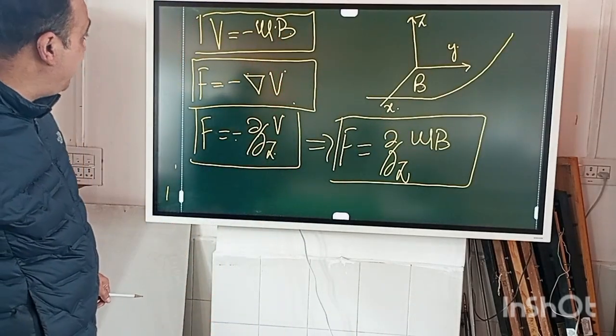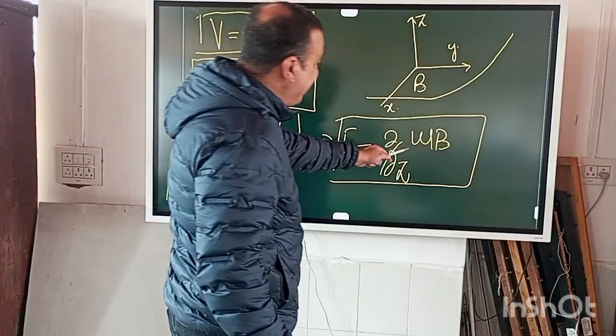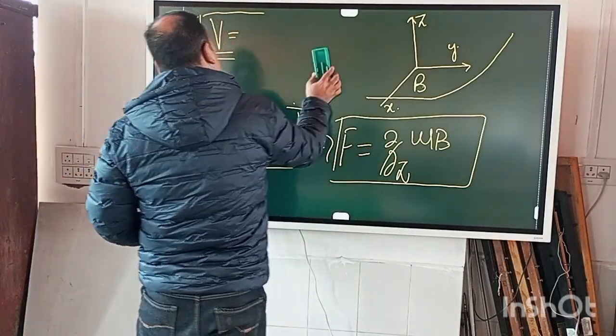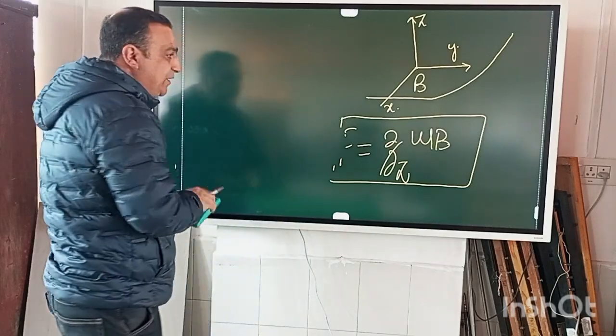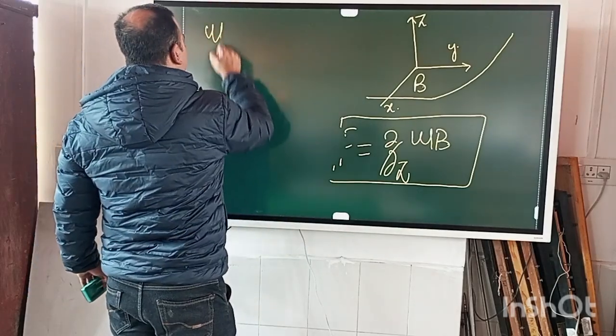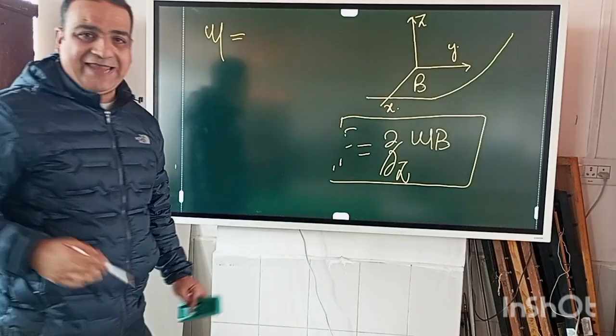Now we can proceed from here for the magnetic moment. What is the magnetic moment? These calculations are already done. We know mu is the magnetic moment of an atom.